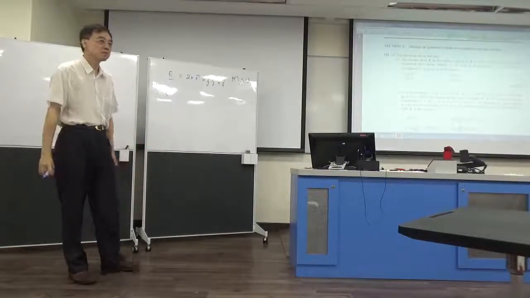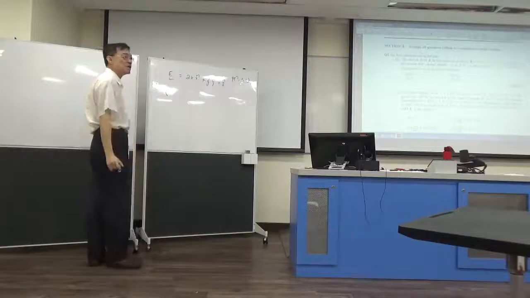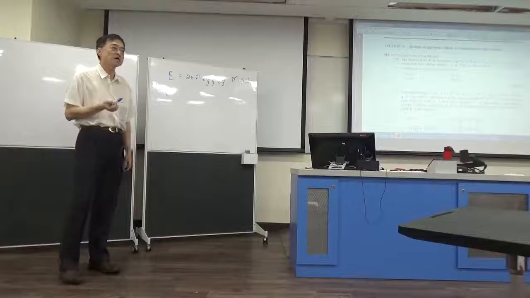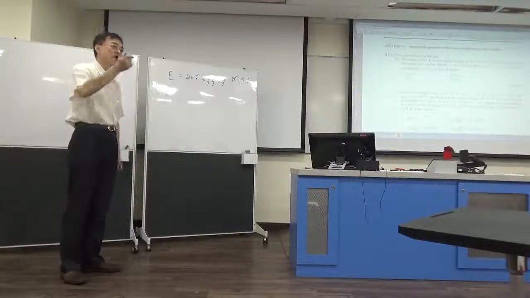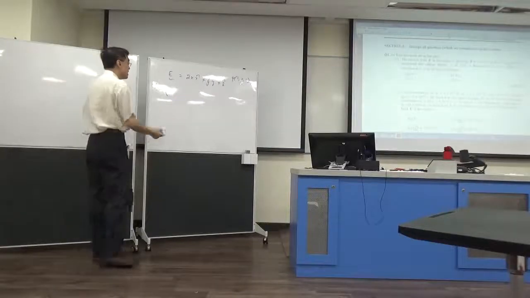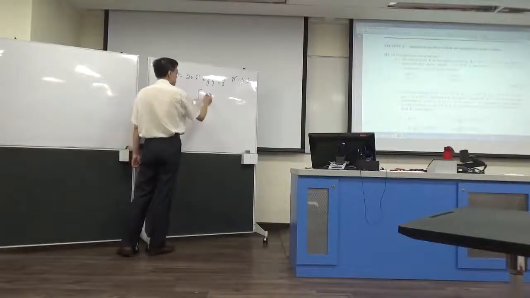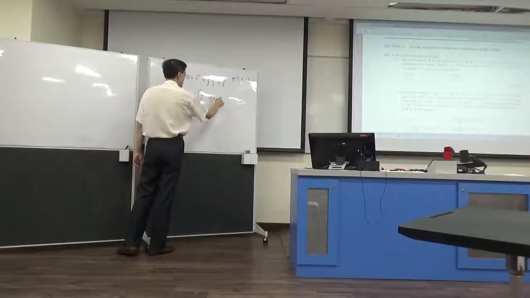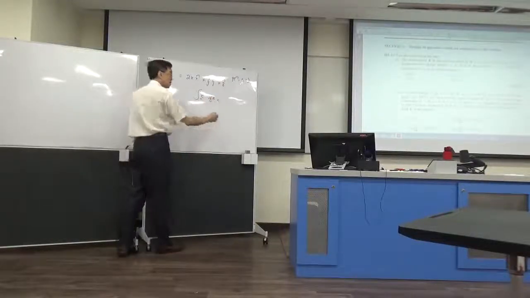E do curl? No, E never curls. E is only divergence. E never curls. Curl is only for H, for the Maxwell equation where you have curl. Now remember your Gauss law.